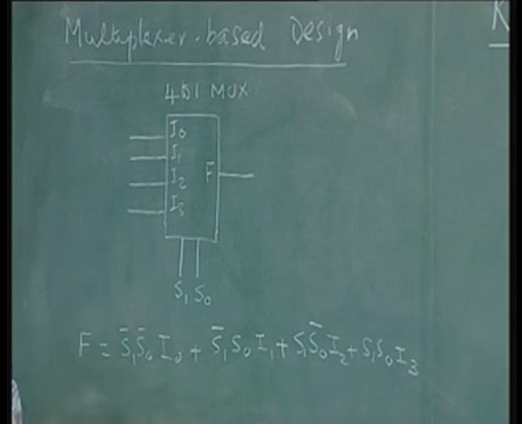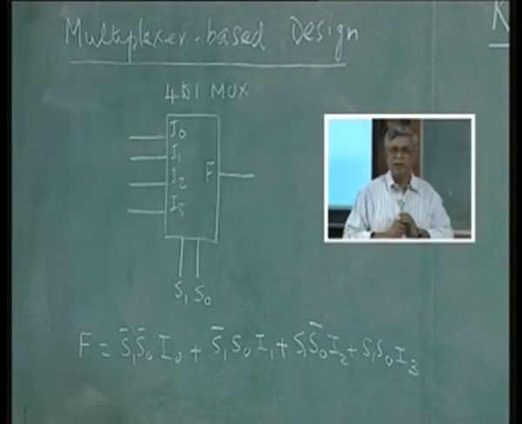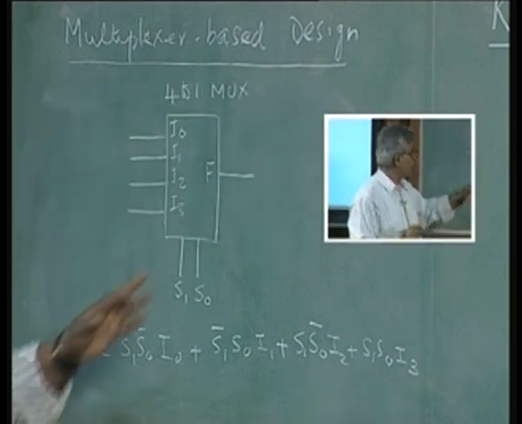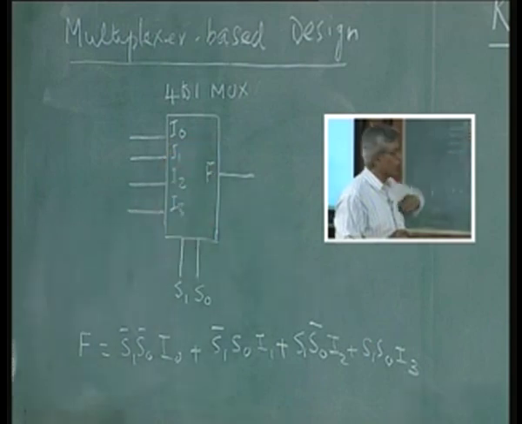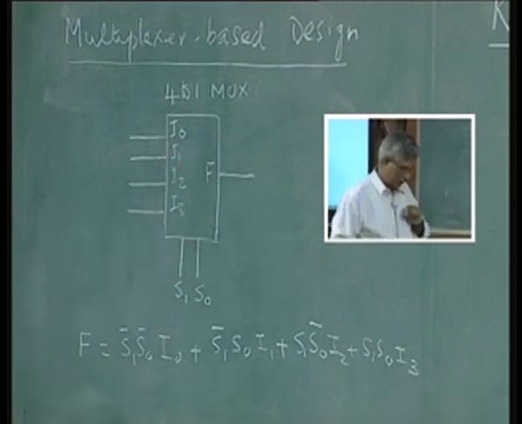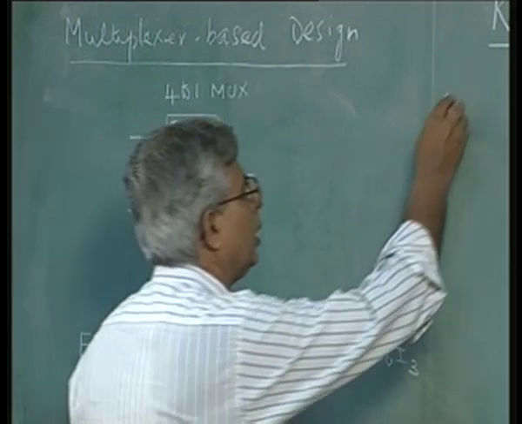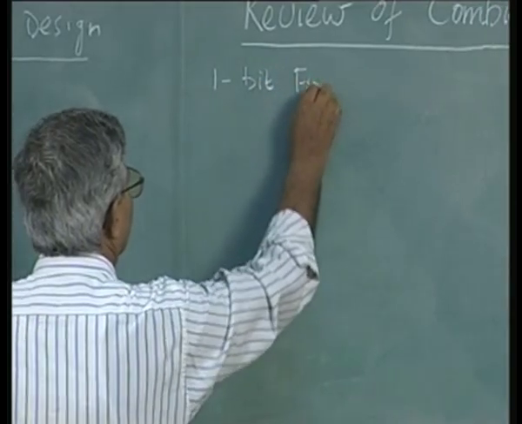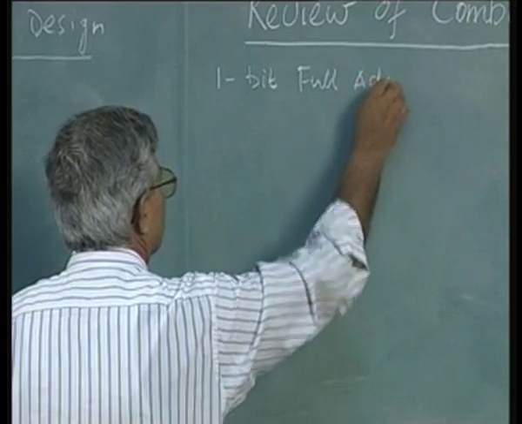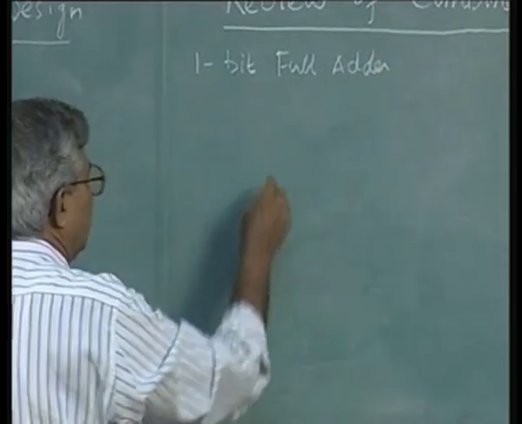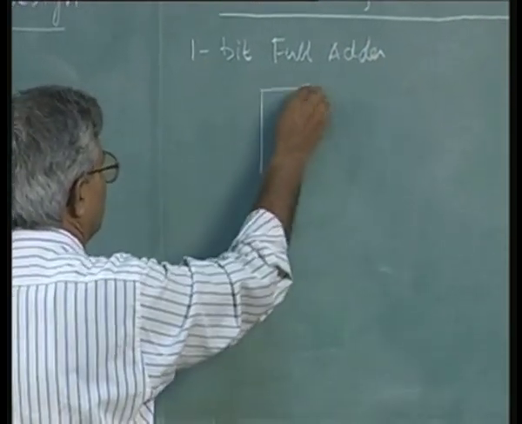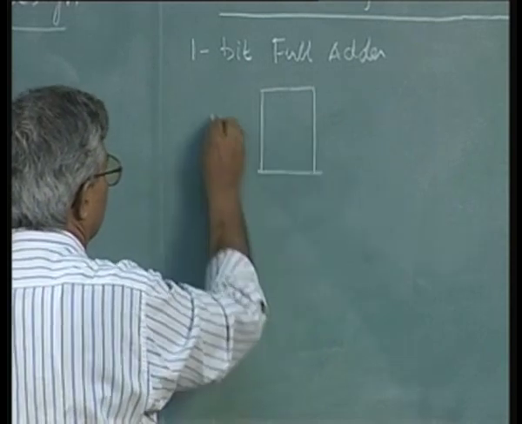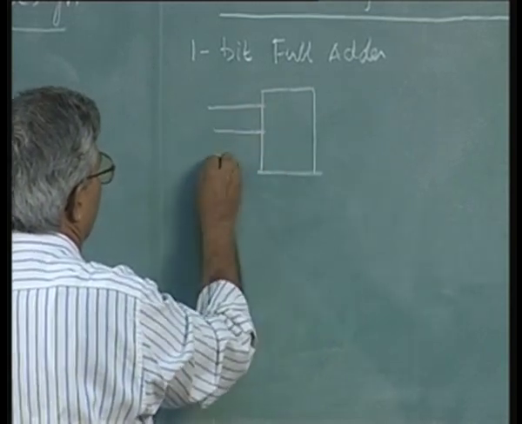All of us are familiar with this component, the 1-bit full adder, and let us see how we can implement it using multiplexers. So, let us take a 1-bit full adder whose inputs are A, B and carry.